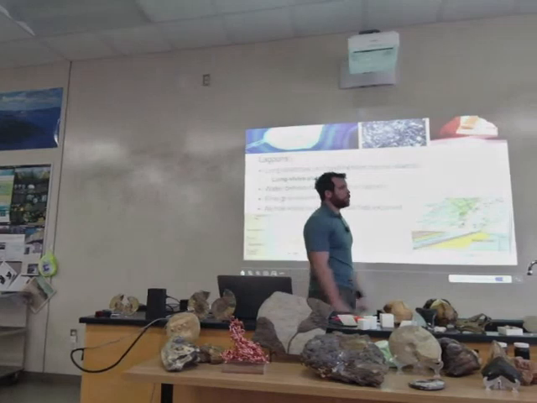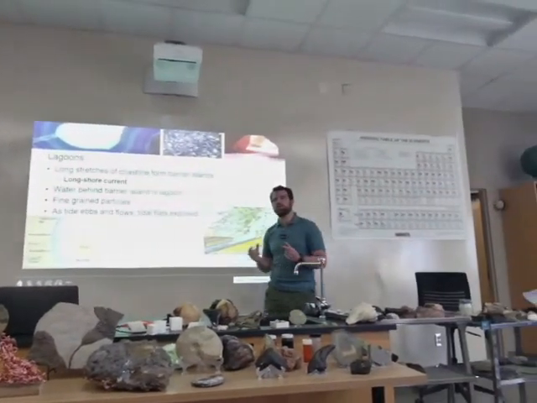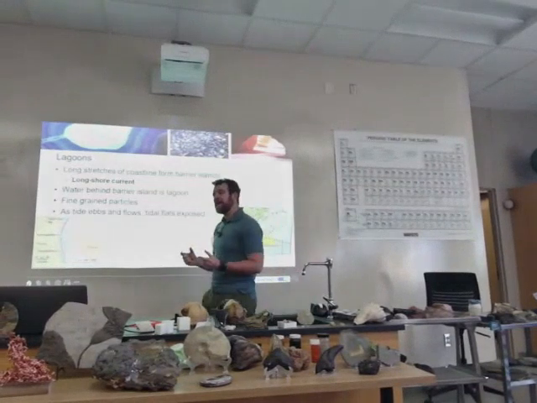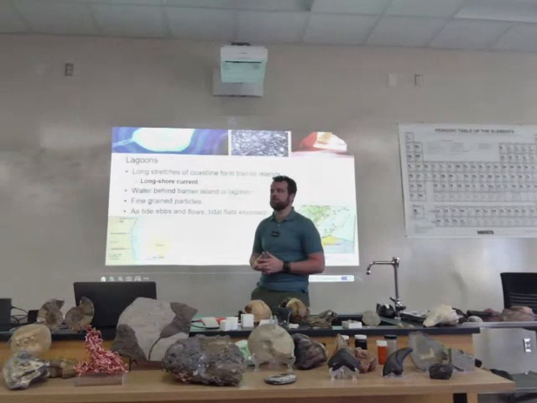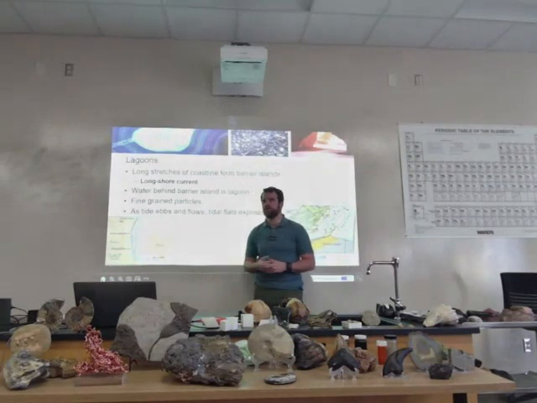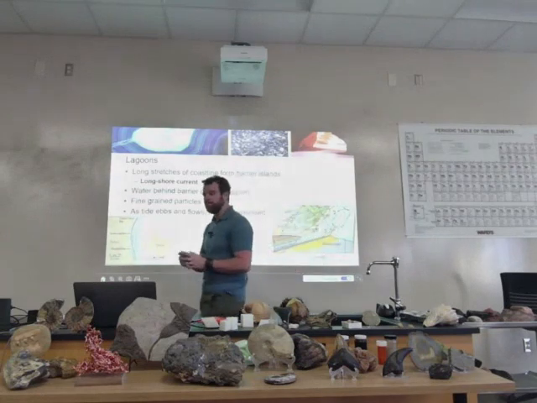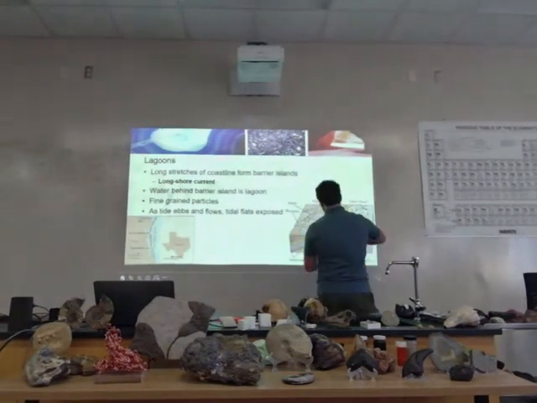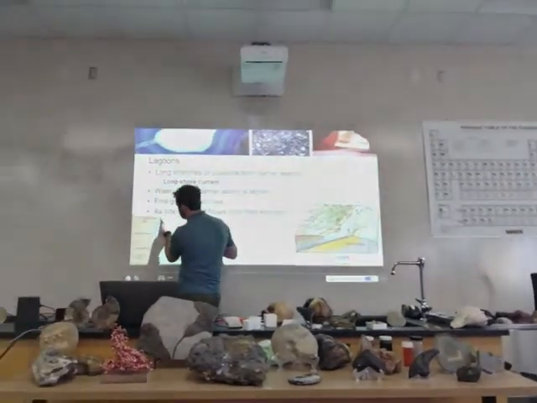Now, a lagoon is what we call that strip of water between the mainland and a barrier island. How many of y'all have been to Corpus Christi? Padre Island? Yeah? That is a barrier island, a very long stretch of sand, basically. Here we go, here's Corpus Christi Bay.